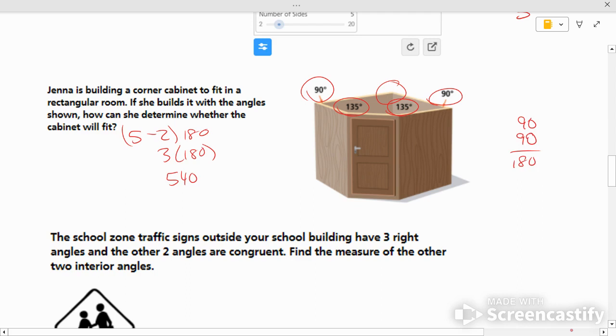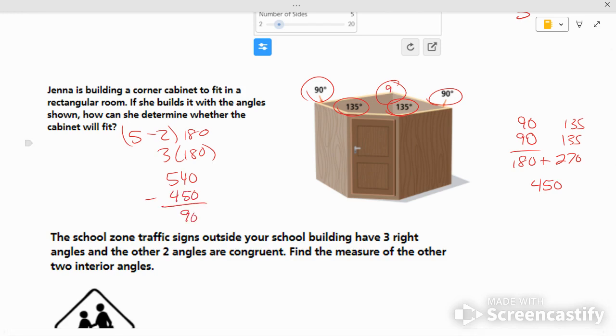This is 180. What's 135 plus 135? 270. If we add these two together, they add up to 450. So if we take 540 minus 450, what's left for this angle is 90. And it better be a 90-degree angle, because if you want it to fit in the corner of your kitchen, you need a 90-degree angle back there.